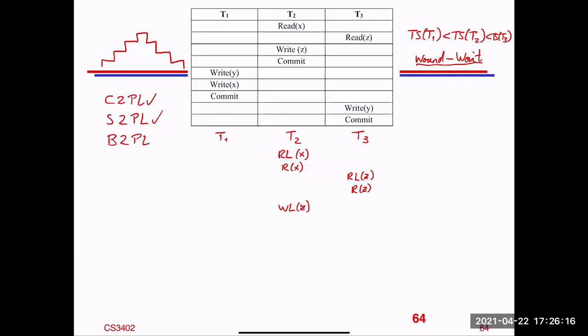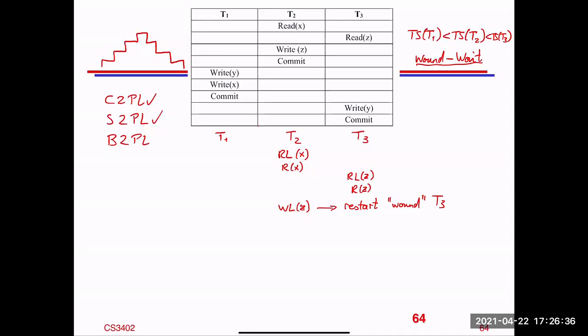Exactly, right? So it's going to just restart T3, or wound T3.